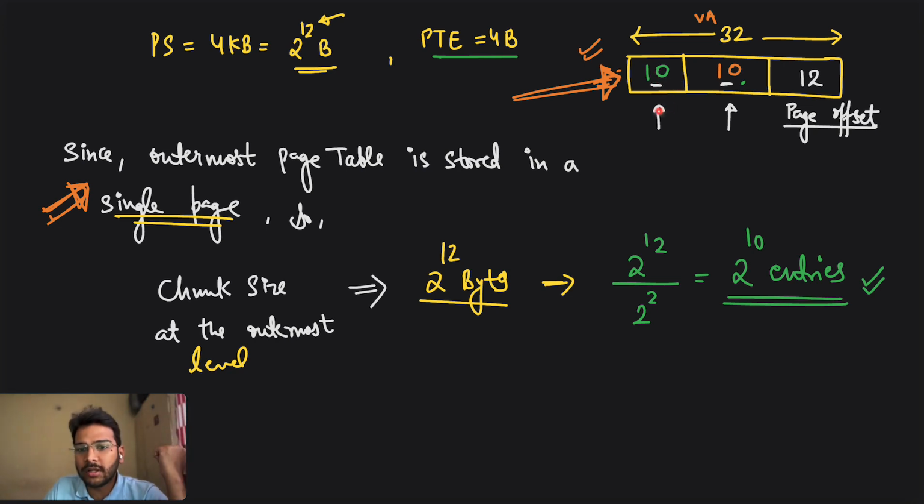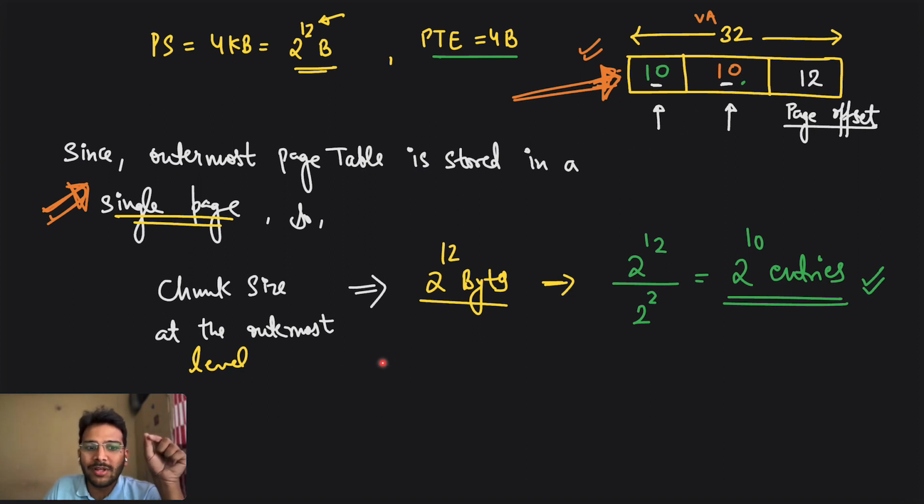That is also possible. So every time they are going to mention in the question that the outermost page table is stored in a single page, or they will mention something else by which you will be able to identify what is the split here.